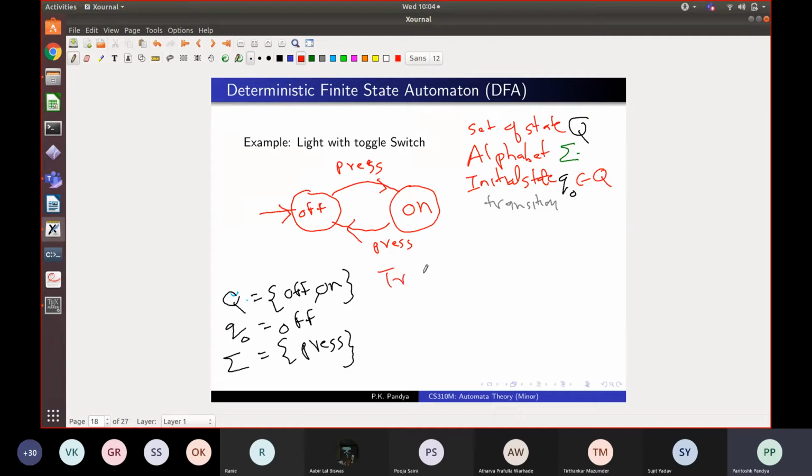Excuse me, there is a new tablet and I still can't find the buttons. So a transition is basically a triple: a source state p, a letter a, and a state q, where p is the source state or the current state, a is the letter or the event on which the transition is taken, and q is the target state or the next state.